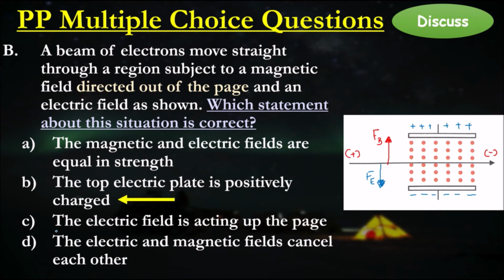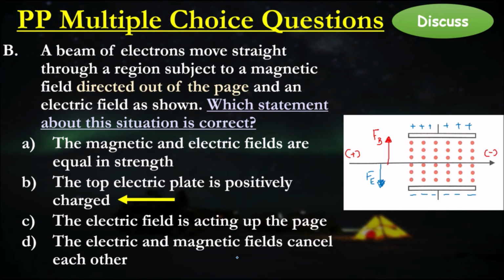C, it's going in the opposite direction. And then for option D, it says the electric and magnetic fields cancel each other out. The force of the electric field and the magnetic field does, but not necessarily the fields themselves.